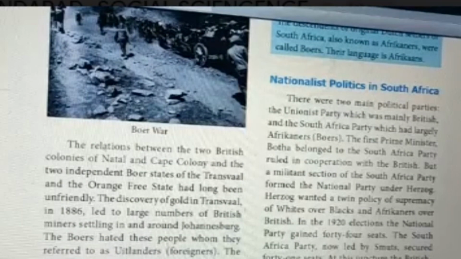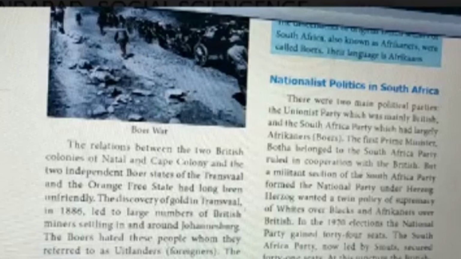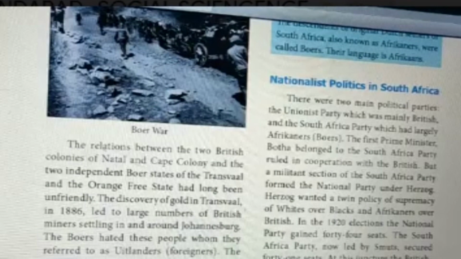Now what's happening? They all planned Johannesburg gold mining, but obviously what happened? The British found that there is gold. So they started some way to put all the mining persons inside, and a big settlement exploited the gold.